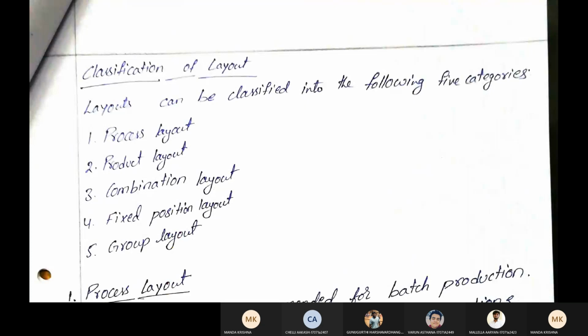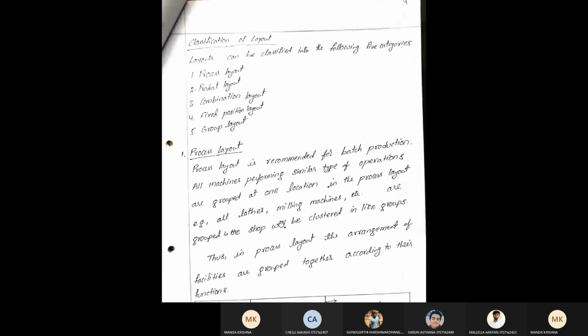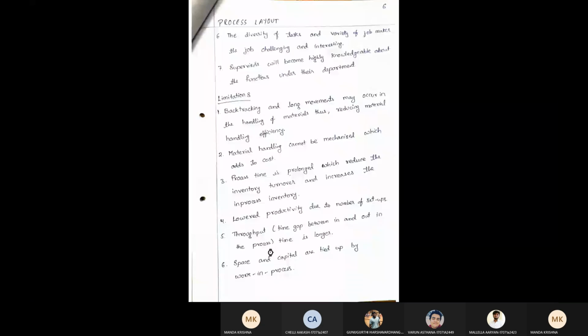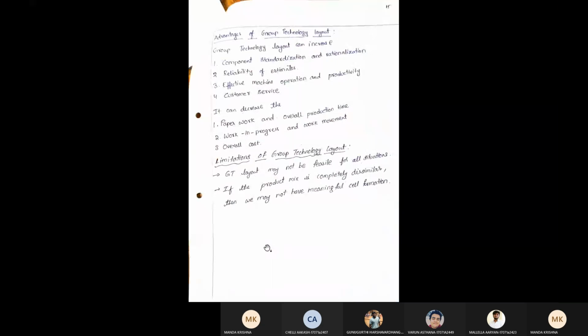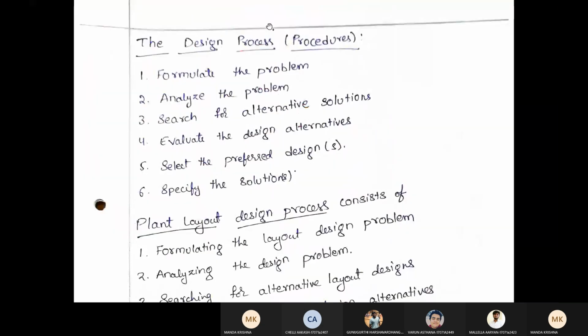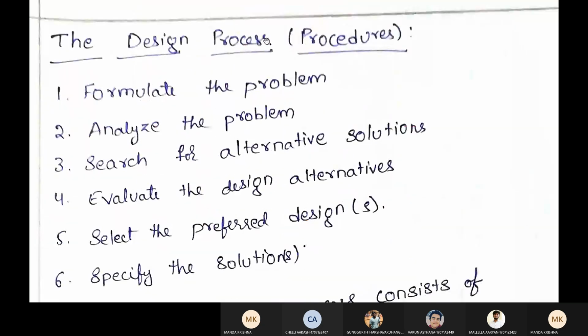Next is plant layout design procedure. If you want me to repeat, I will repeat this. Otherwise, I will go for the design procedure. Shall we go for the design process?